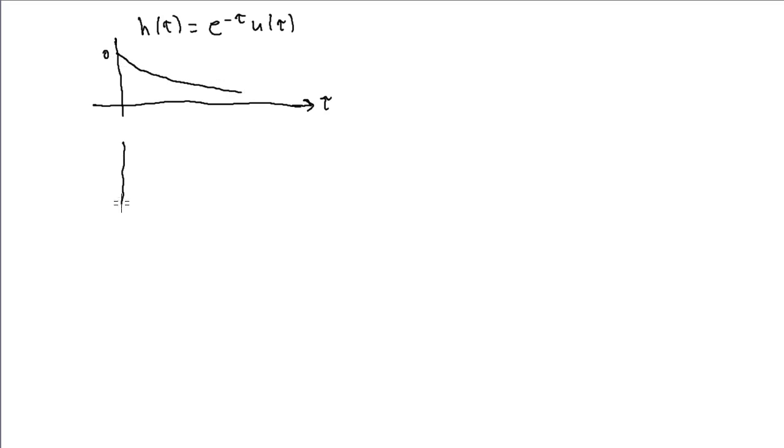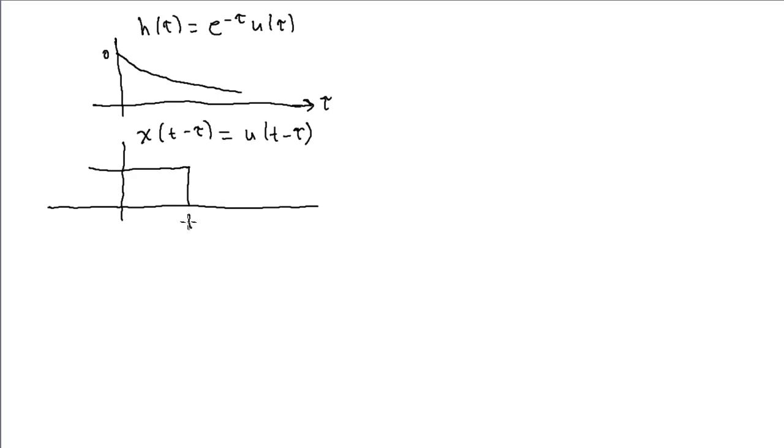And then I'm going to sketch x of t minus tau, but now for a case where t is positive. So this is the time reversed function, so the origin is shifted to t.